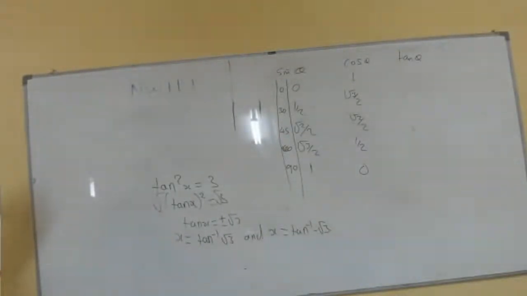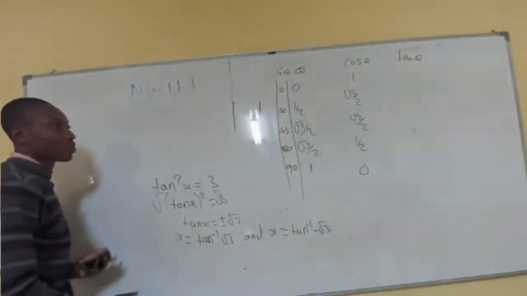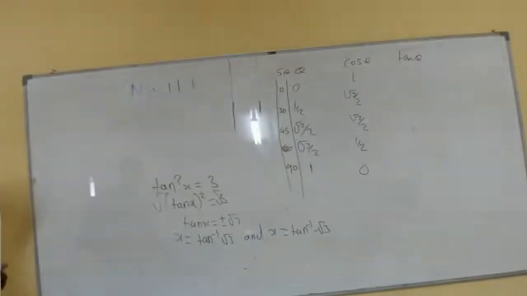The first thing that we're going to ask ourselves is what is tan inverse of root 3? What alpha gives us root 3? We know that tan 60 gives us root 3.